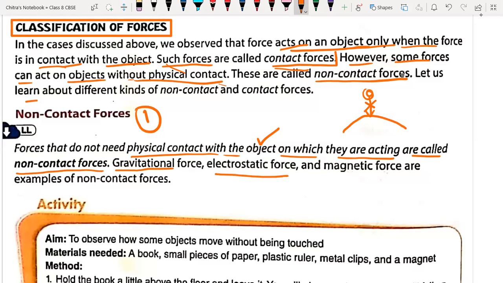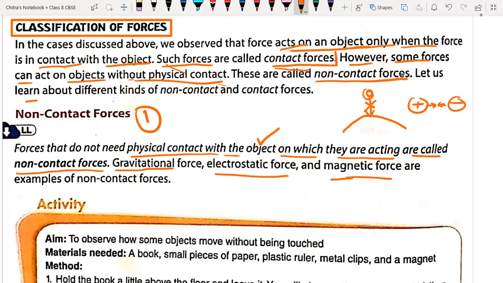Electrostatic force: positive and negative charged particles attract each other, again without contact. Another example is magnetic force.